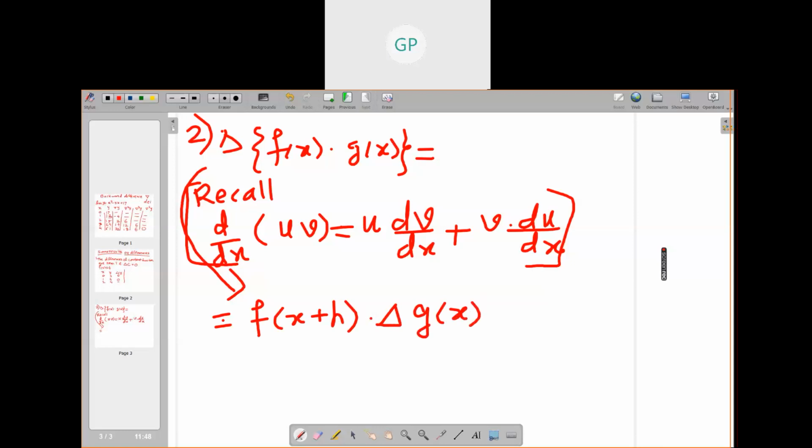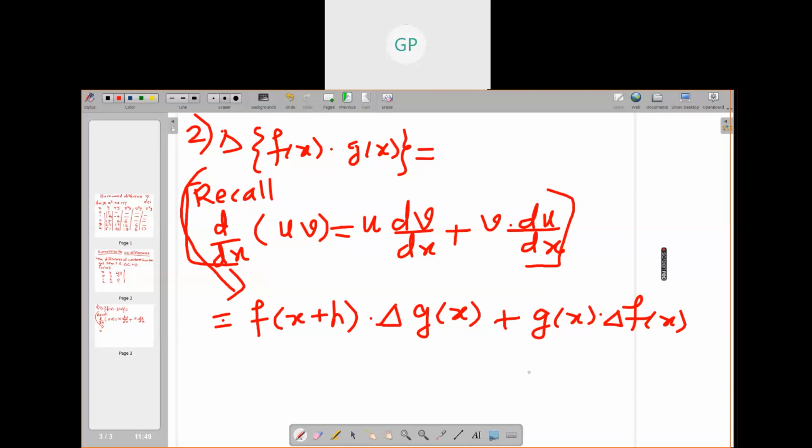Now when you apply delta, this f(x+h) enters in the definition of delta, right? What is delta f(x)? Anyone can tell me what is delta f(x)? f(x+h) minus f(x), right? So there is no need to wonder where this f(x+h) came from in the formula. Are you getting my point?